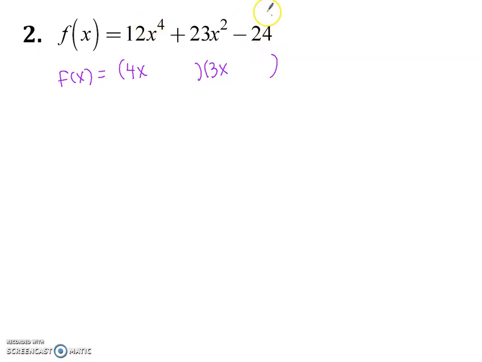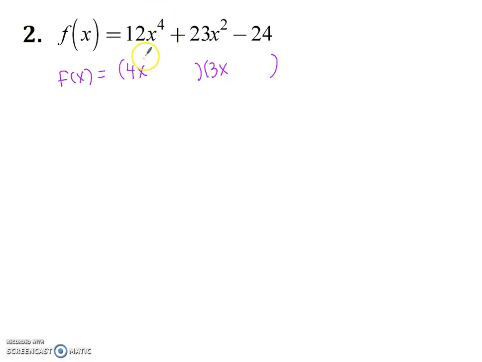So if I have an even number here and I tried 2 and 6 for my x's, those are both even numbers, so it would always have a 2 in common with whatever I picked here. So I know I can't even try 2 and 6 on this one. So that's why I'm going to start with 4 and 3. If this doesn't work, I'll try 1 and 12.